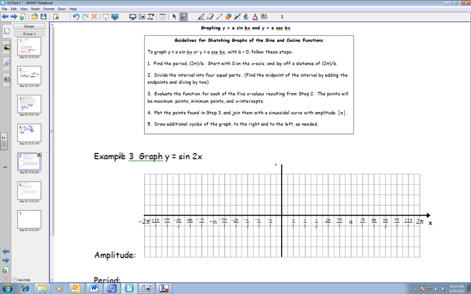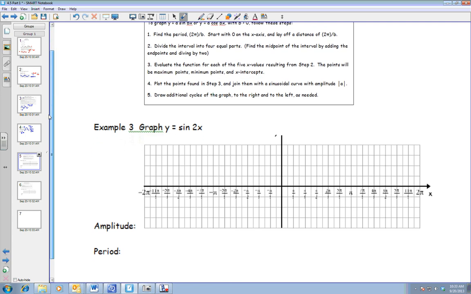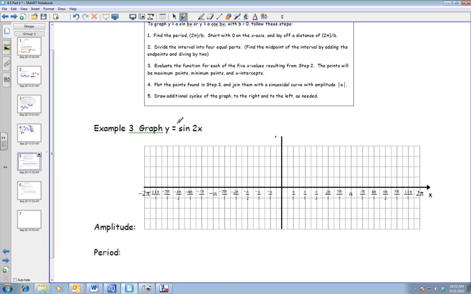Example 3, graph y equals sine 2x. I included the guidelines for you. First of all, my amplitude. I don't have a number in front of my sine or cosine, so I know my amplitude is just 1. My period is 2 pi divided by b, and this time I do have a b. It's 2.